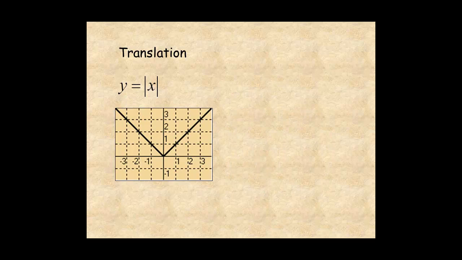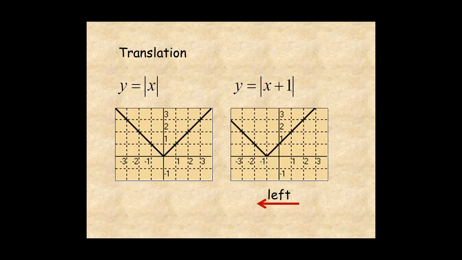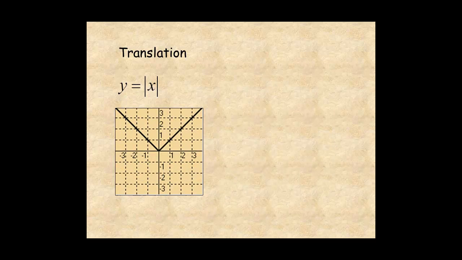If you replace x in the function with x plus 1, the graph translates 1 unit to the left. The vertex is now at -1 on the x-axis. If you add or subtract a constant to the function, the graph translates up or down.